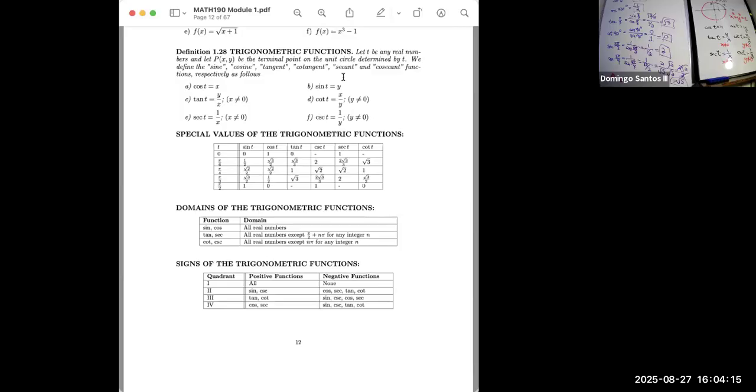Let's just recall, because some of you might have had trig way back, so we might have forgotten how these are read. Again, this is cosine. This is sine. This is tangent. This is cotangent. This is secant. This is cosecant.